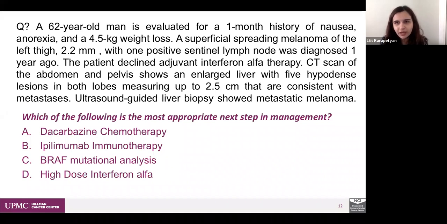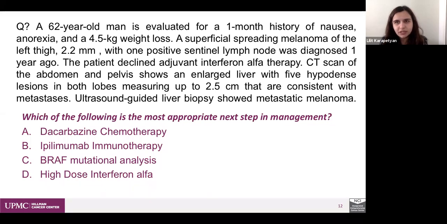If you don't have the biopsy, you do not have a diagnosis, you really can't treat that patient. So every time the board asks you, the patient has lung lesions, liver lesions, and what is your next step? Your next step is going to be a diagnostic workup, biopsy.